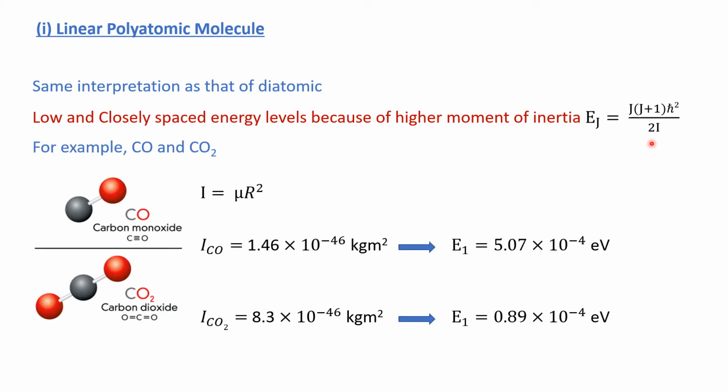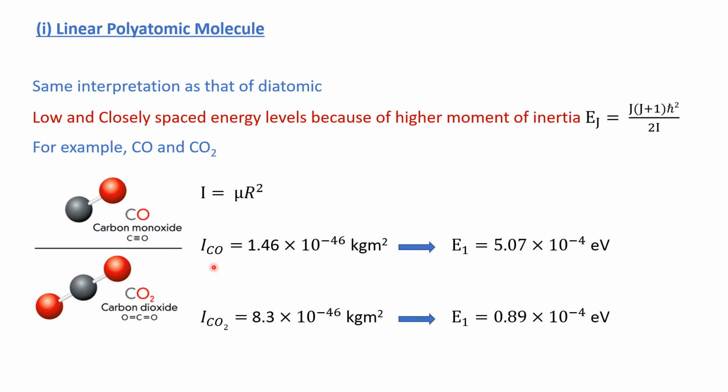So here we take the example of carbon monoxide and carbon dioxide. Carbon monoxide is a diatomic molecule and carbon dioxide is a polyatomic linear molecule.